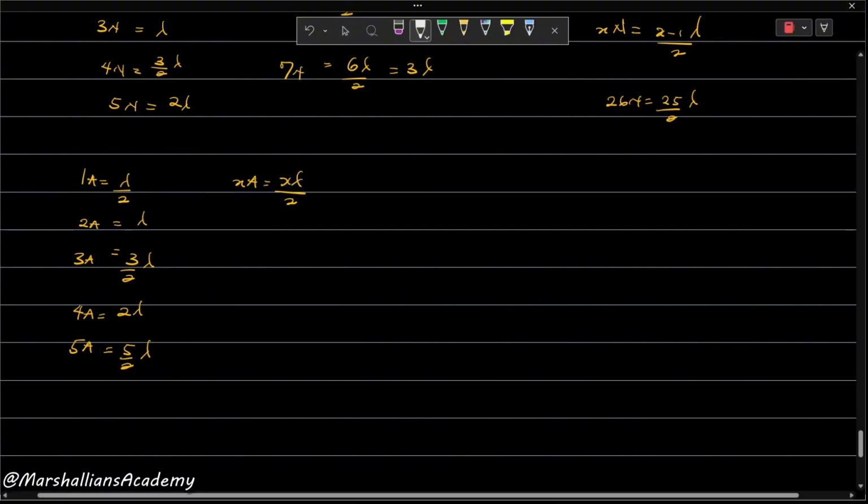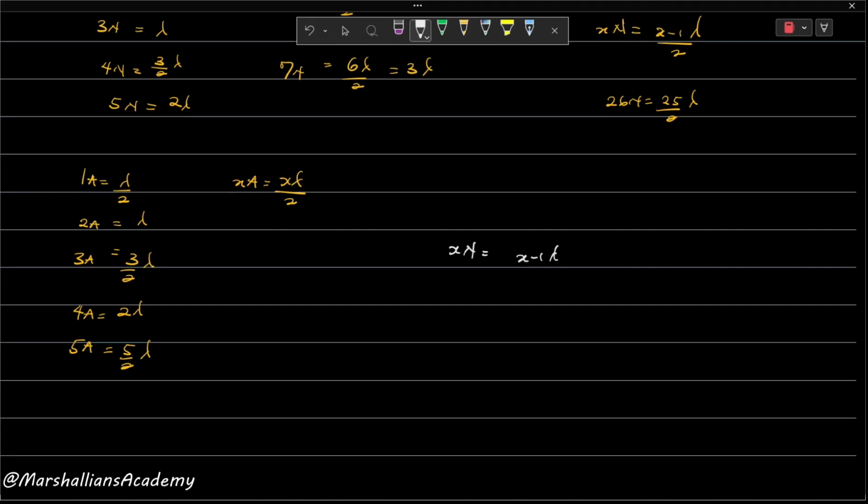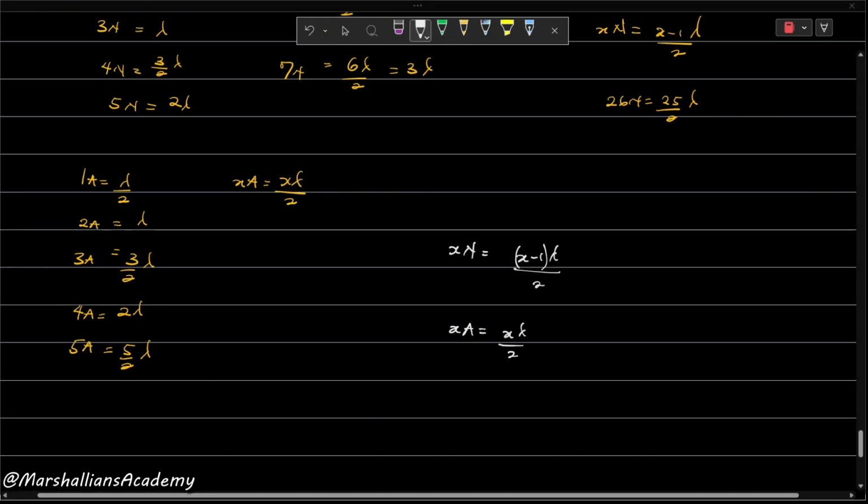So let me write both of these relationships in white. X nodes is equal to (x minus 1) lambda over 2, while x antinodes is equal to x lambda over 2. This is the very, very important relationship that you have to remember.